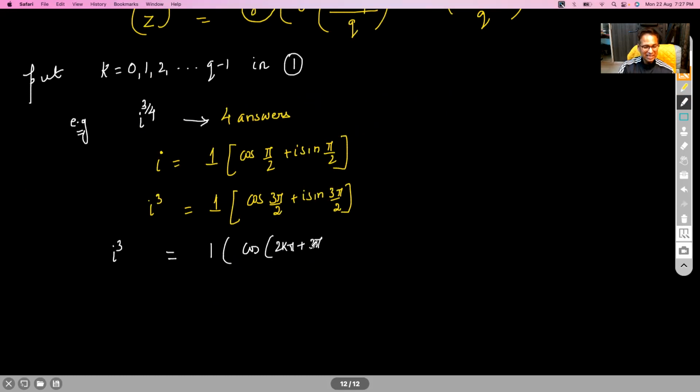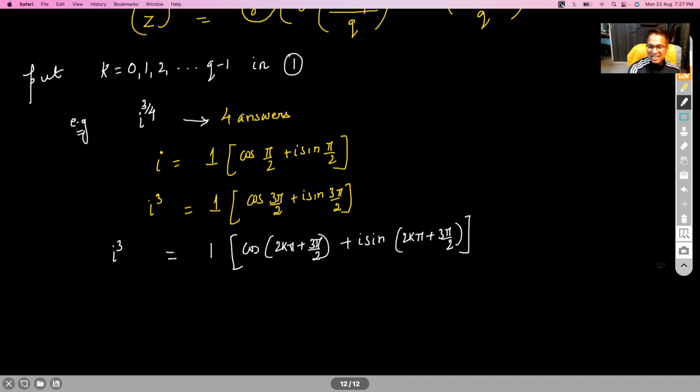Now here understand that even if you write your 3 pi/2 as 2k pi plus 3 pi/2, it doesn't make any difference to our expression because sine and cos both are periodic with a period of 2 pi. Correct? Isn't it?